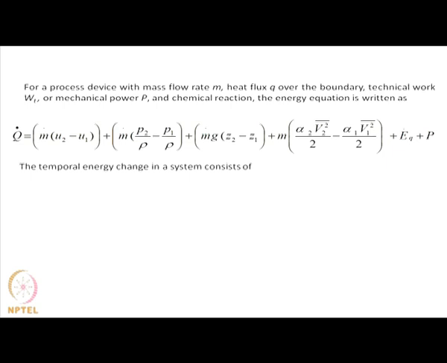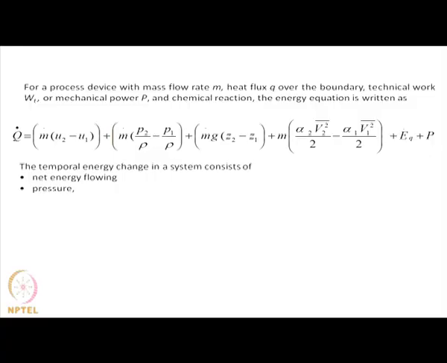So if you see here, the Q dot is the amount of heat that is being added, and this causes a change in the energy, which has several components. The first term on the right hand side is the net energy flowing to the control volume as a result of convective flow, and could also be as a result of conduction across the system boundaries.